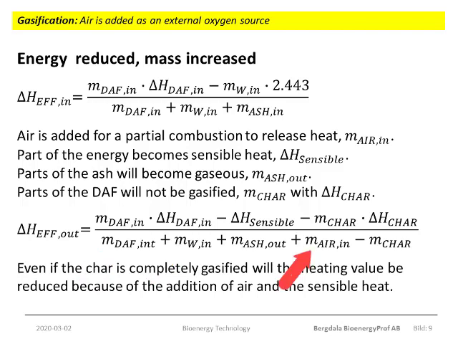And the total outgoing energy will be the chemically bound energy in the product gas plus the sensible energy in the hot product gas. In general, the heating value is restricted to the chemically bound energy, that is, the energy that can be released through combustion.